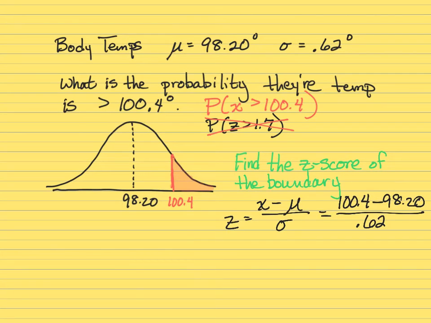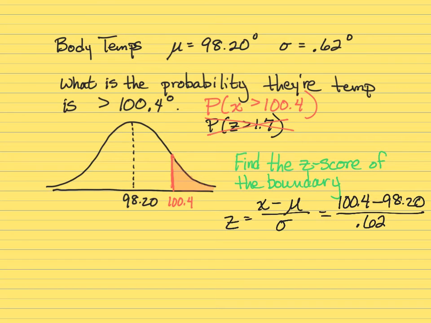We want to figure out what that is, and that'll be the z-score of the boundary. The reason we convert it to a z-score is so that we can use our table, because our table A2 is only written in terms of z-scores.